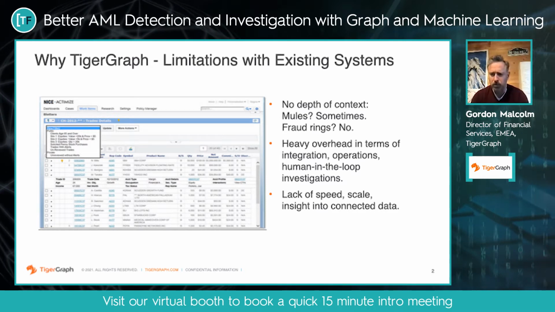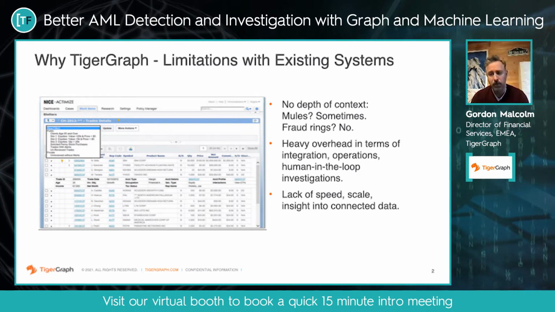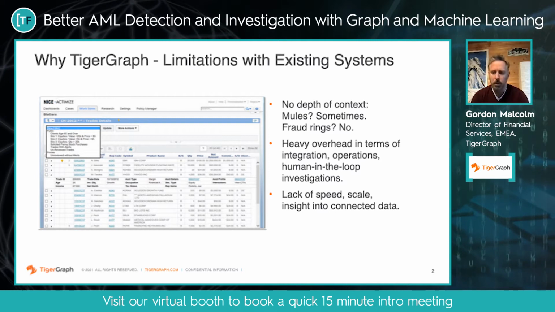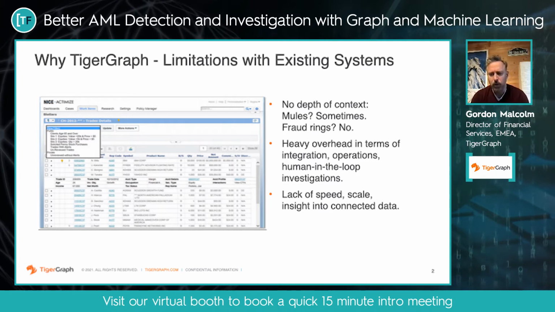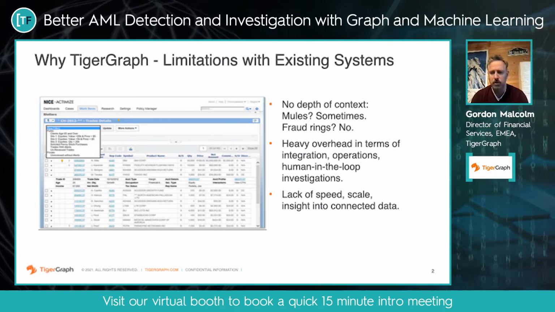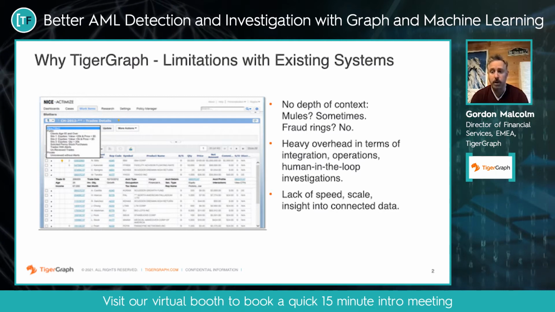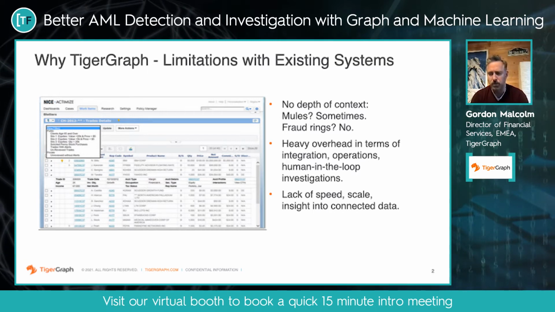TigerGraph customers leverage these existing investments in financial crime platforms, and where TigerGraph adds considerable value is by filling an important gap in the market, by providing an intelligence layer. TigerGraph takes these hard-fought-for discrete outputs, be it suspicious activity or fraud, and then performs deep link analysis across all your data, connecting the dots in your data warehouse and any other disparate data sources.